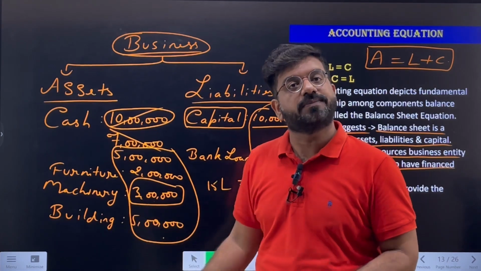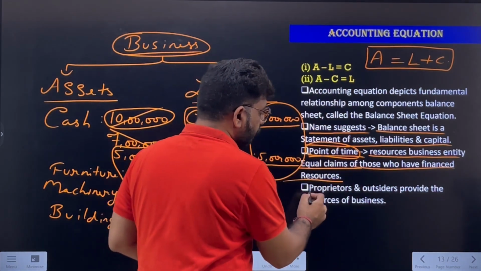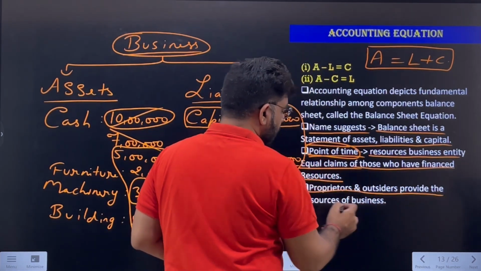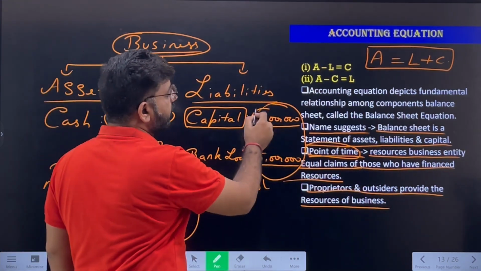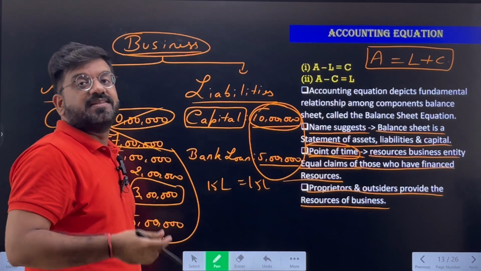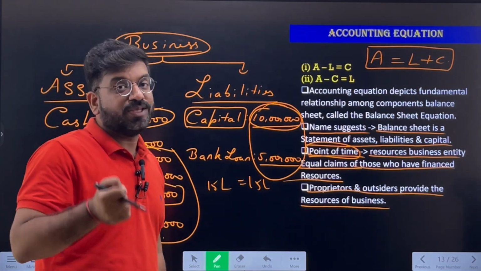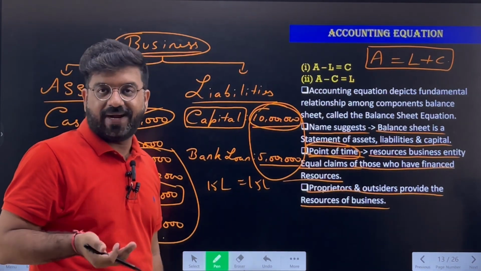Okay, next. Proprietors and outsiders provide the resources of the business. Obviously, now we can see this is the amount given by whom? This is the amount given by the owner, who is also known as the proprietor.